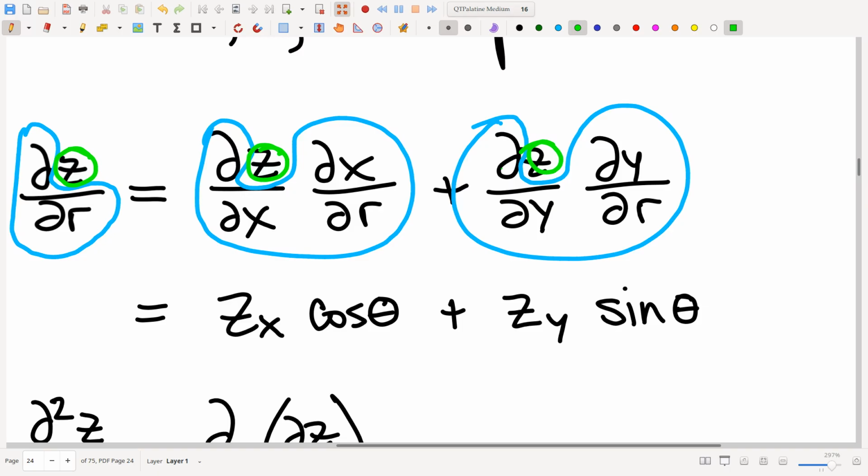It looks a little bit weird, but we can look just at the operators themselves, and say the operator called partial with respect to r is equal to this combination of operators that I have on the right side of the equation.